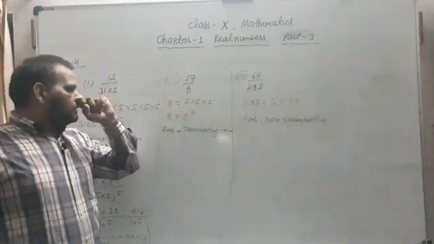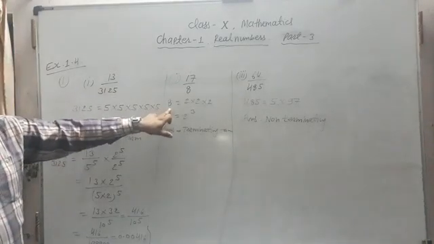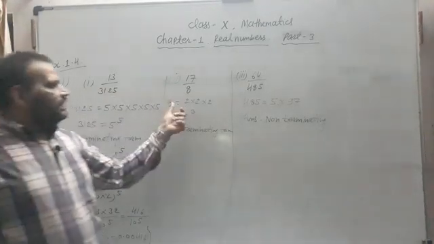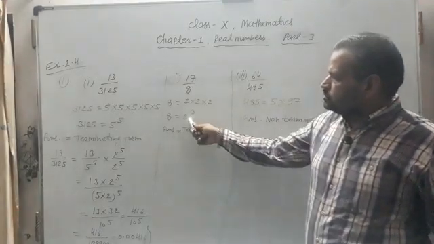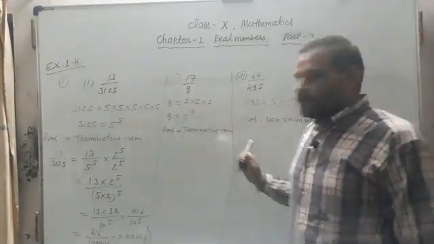In the second part, the denominator is 8. The factors of 8 are 2 into 2 into 2, that is 2 to the power 3.